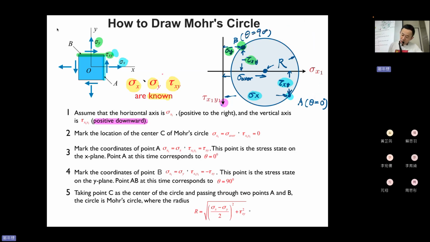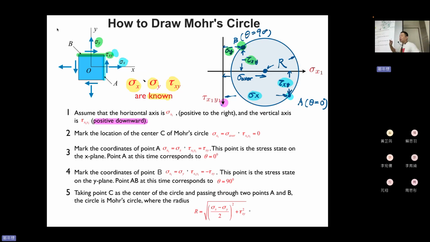So you see, if you go still counterclockwise, they are smooth, they are straightforward. If you change this to here, the rotation will be different from the real space. So that's the reason why I set positive downward for the tau x1 y1 axis. Okay, this is really important.